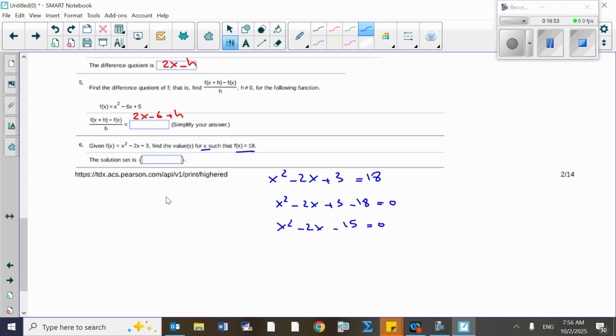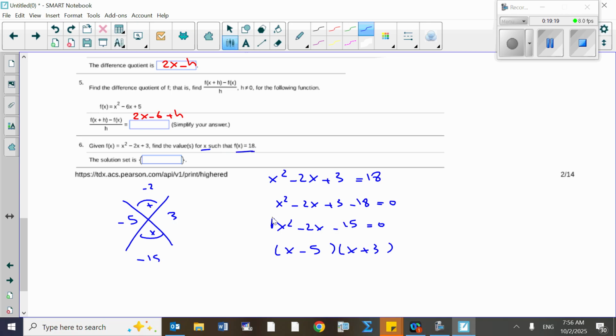Now I want to factor this. What are the two numbers that, if you add them, you get negative 2, and when you multiply, you get negative 15? Okay, those two numbers are negative 5 and 3. So I can factor as (x minus 5) times (x plus 3). Notice, because the a value here is 1, that's why I can just write (x minus 5)(x plus 3).